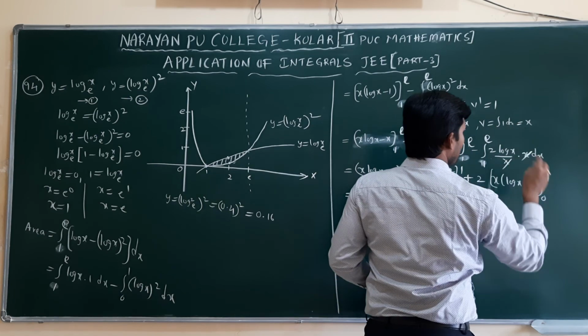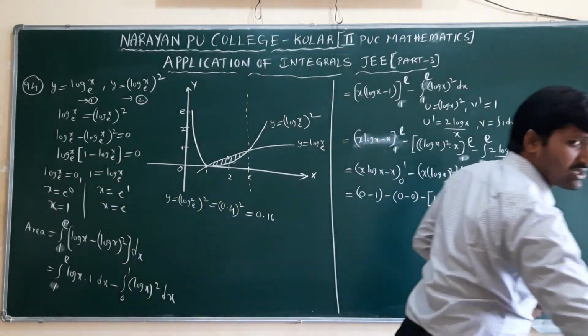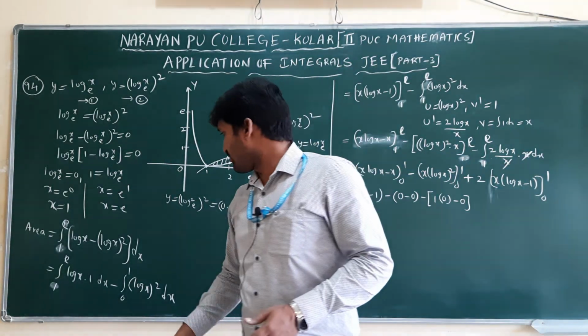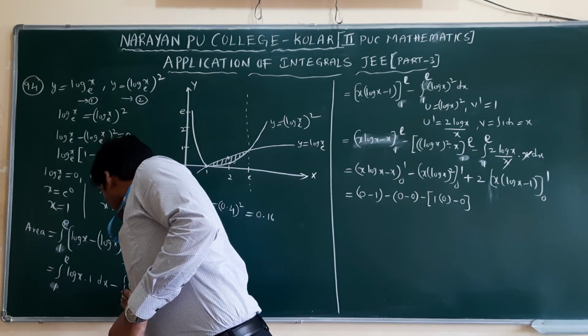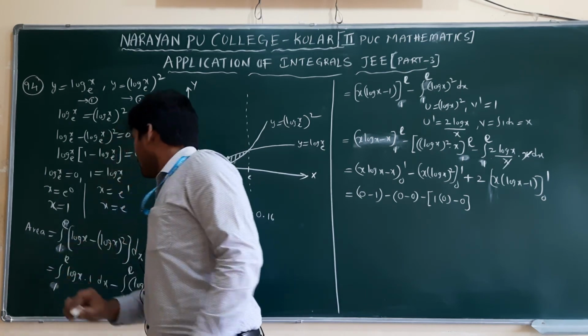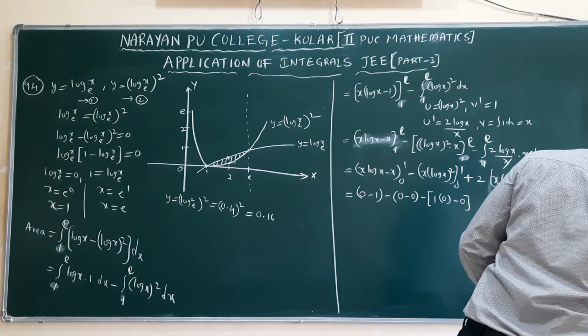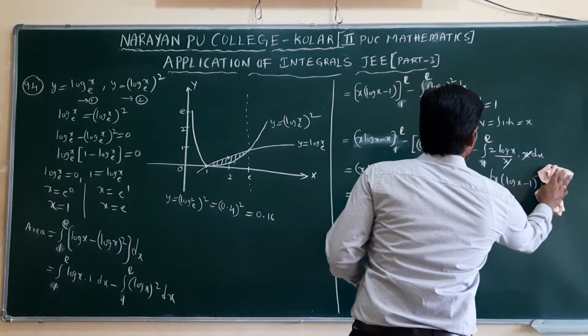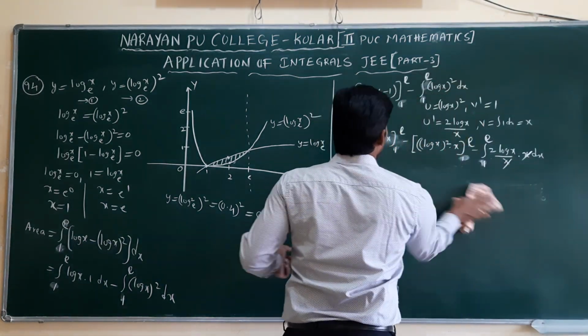Limits are from 1 to e. Everywhere change the values. Here also the limits are not 0 to 1, that is 1 to e, because we are taking with respect to the y axis. That's why it will be changed now correctly.